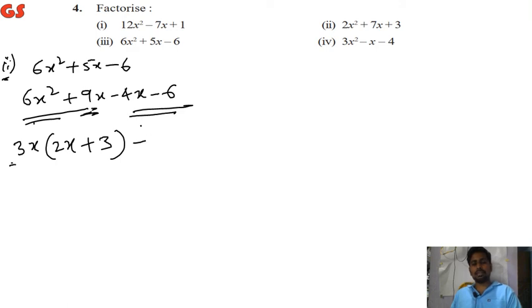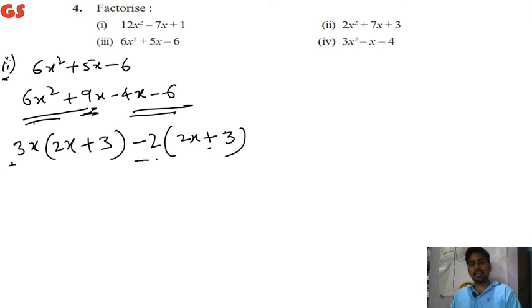Now in this term you have to take 2 as common and write minus 2 outside, then the remaining inside is 2x plus, because minus into plus becomes minus, so you take the plus sign inside, then you write 3.